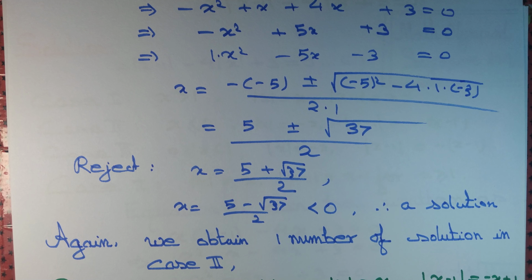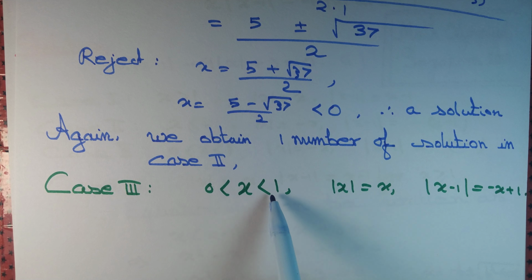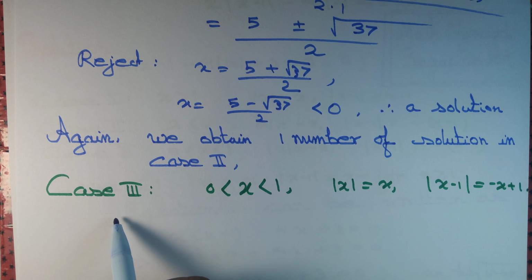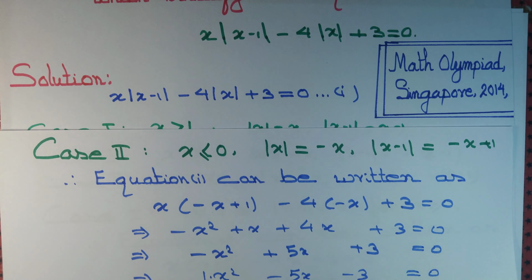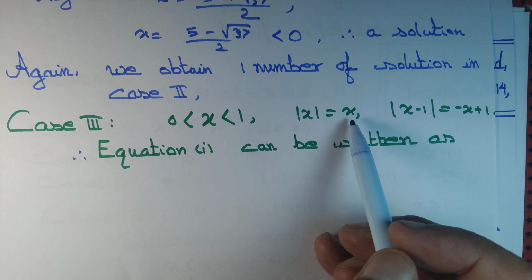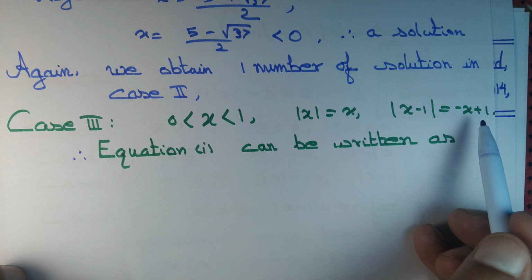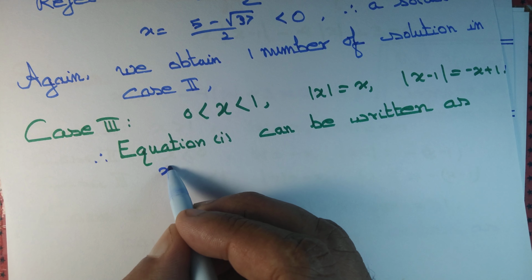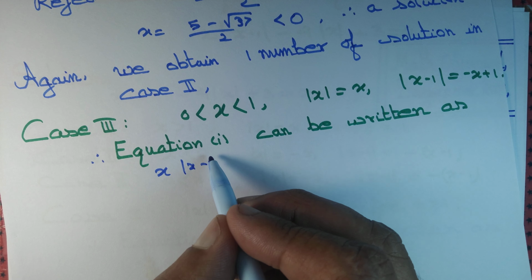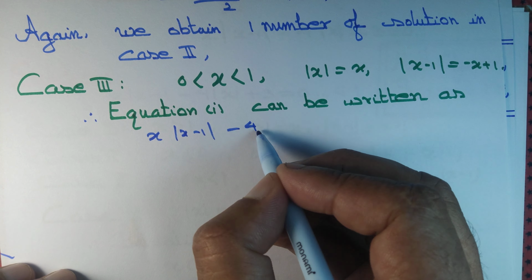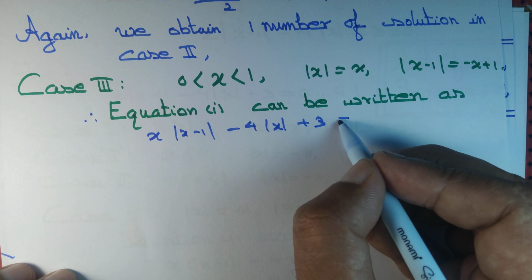Let us consider the last case when x lies between 0 and 1. In this case, mod x is simply equal to x, mod of (x minus 1) equals minus x plus 1. Therefore, let's copy the equation: x times mod of (x minus 1) minus 4 times mod x plus 3 equal to 0.